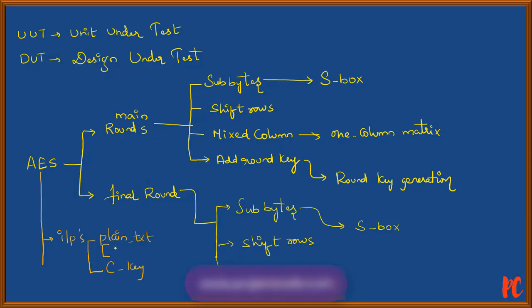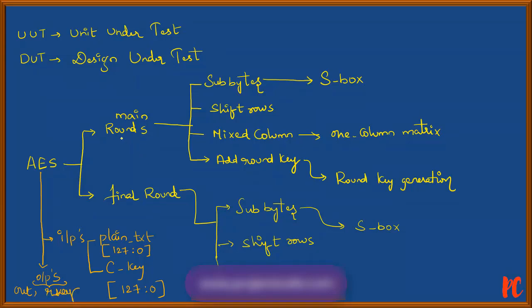So the range would be 127 down to 0, as well as for cipher key, it will be 127 down to 0. Coming to outputs, we will be having one out with range 128 bit as well as round key, right?